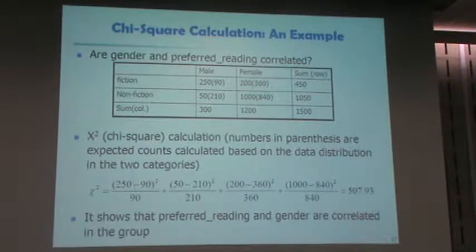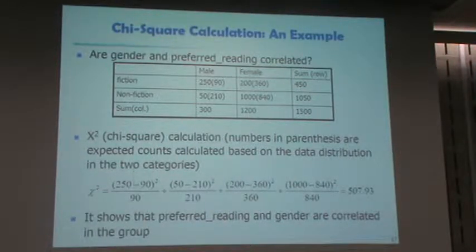But when I asked the 1,500 students, 250 male students like fiction, and 200 female students like fiction. We expected a different amount, but there are fewer females and more males in fiction. Also, non-fiction is much less than expected for males and much larger than expected for females.